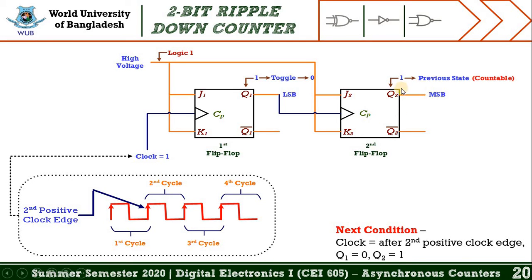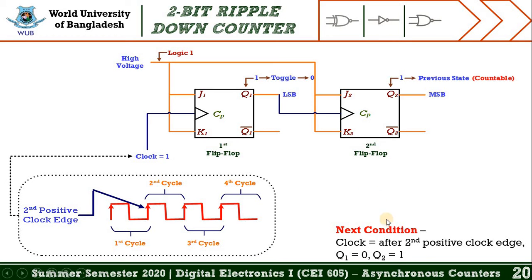That's why we may assume the previous output of the second flip-flop value for this condition as well, which means the value of Q2 remains 1, since it is from the previous state.